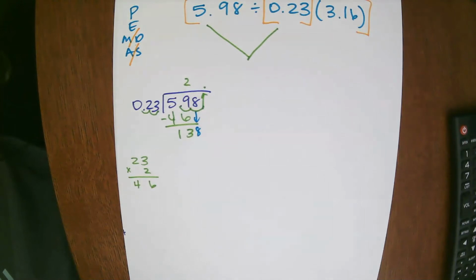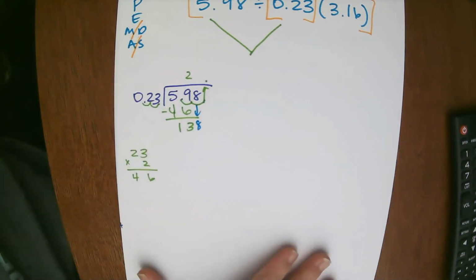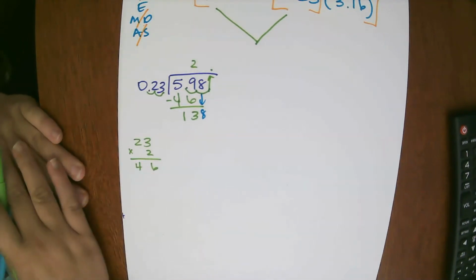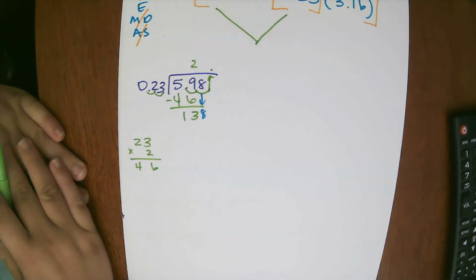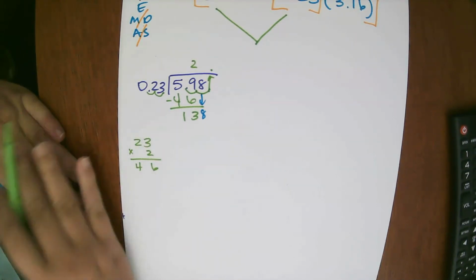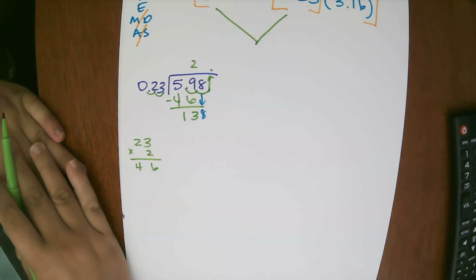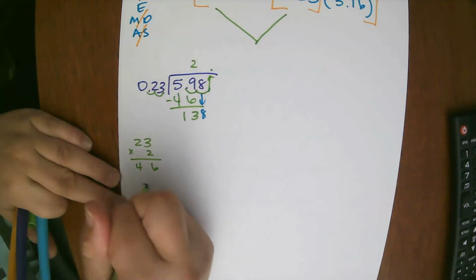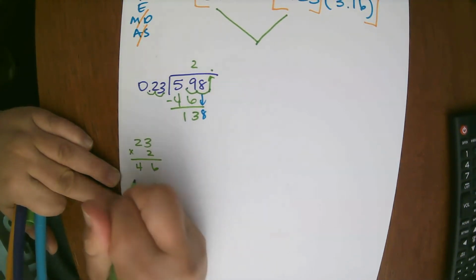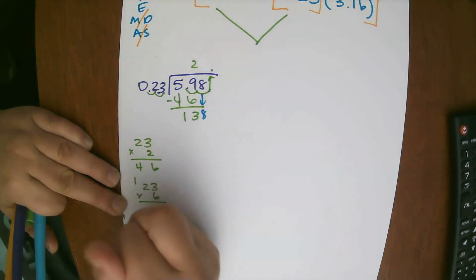Can 23 go into 138? Well, let's see. What do you think? Hopefully you're looking at a multiplication chart right now. So 20 times 5 is 100, and 23 is kind of close to 20. 20 times 6 is 120.